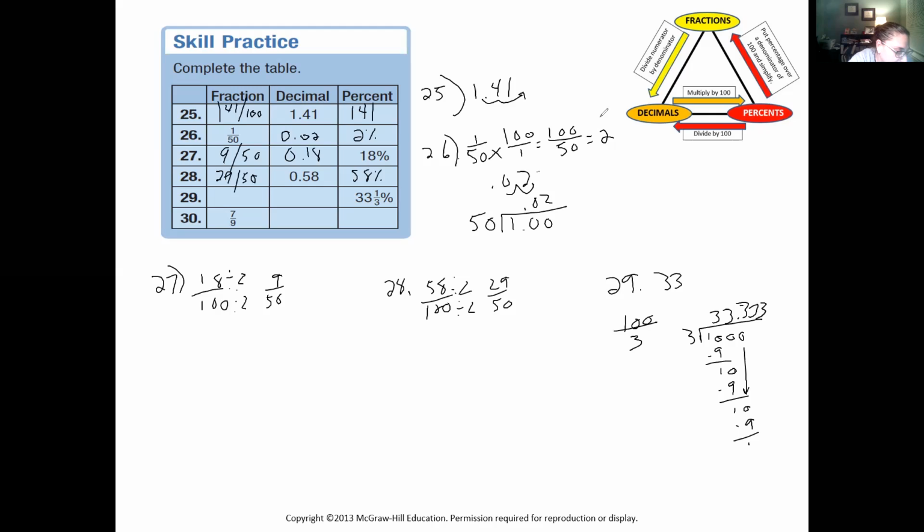So to turn that into a decimal, we're going to go 2 to the left, 1, 2, and we're going to get 0.333 repeating.